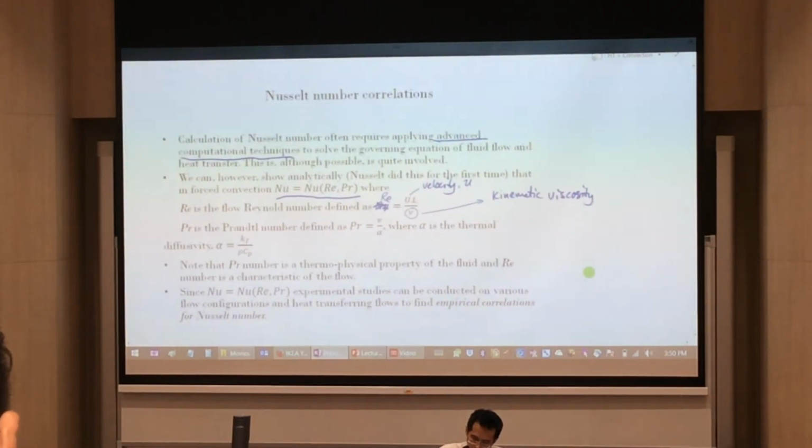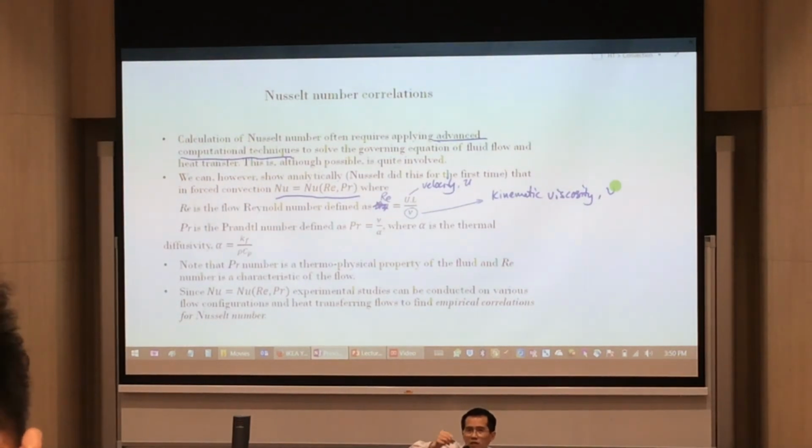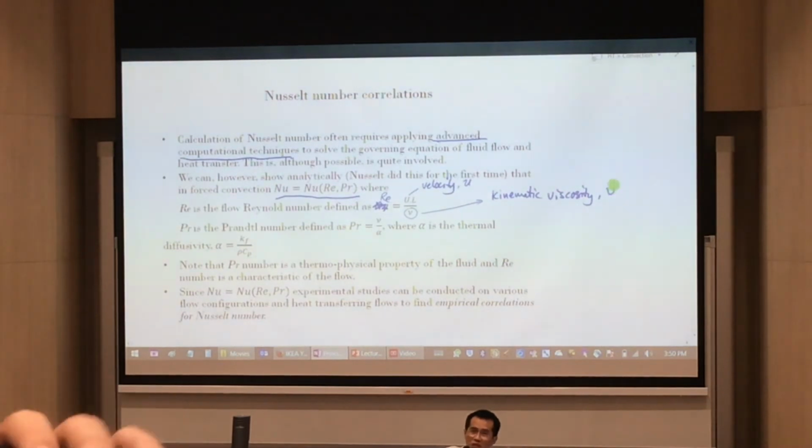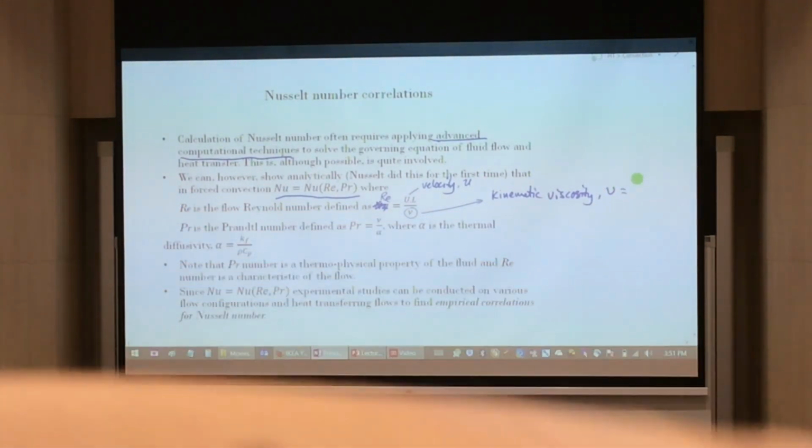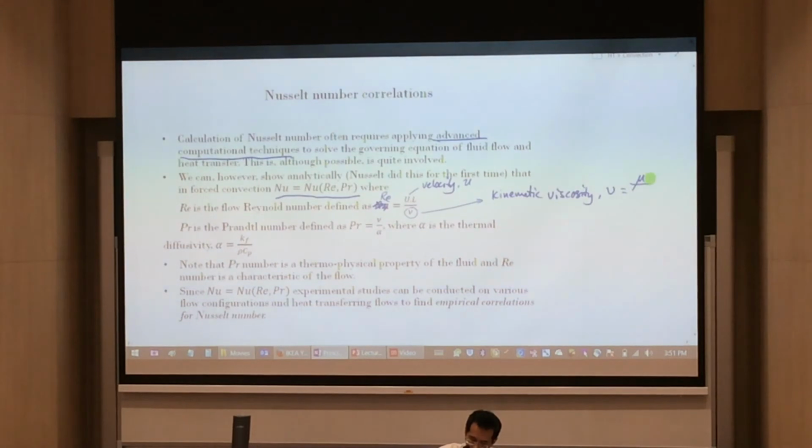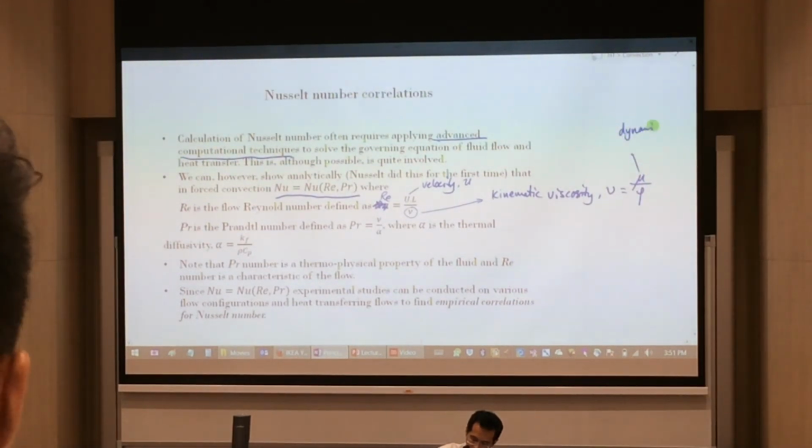How you write that depends on your penmanship. This is a symbol that's not V, but a Greek symbol that's called nu. So that nu is actually equal to mu divided by density. And this mu is your dynamic viscosity.